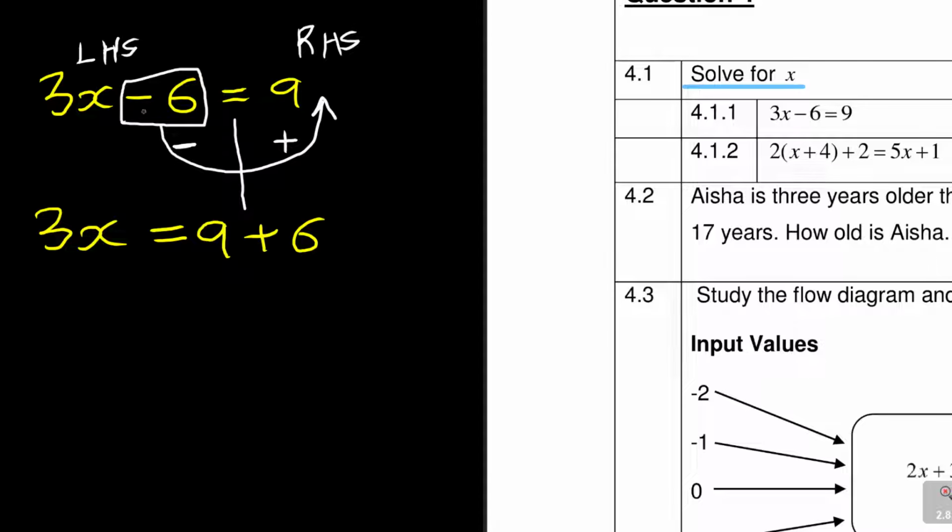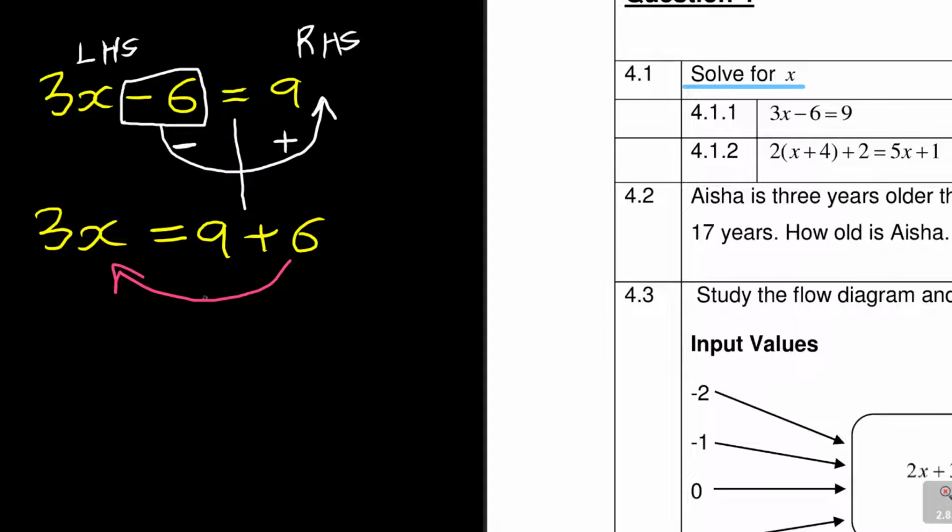Do you see that 6 can leave 3x to join 9? Why? Because there is a minus, or even if it was a plus, it was going to behave the same. So if there is a minus or a plus, the 6 is able to move, either join 9 or join 3x. You can take it back here and make 6 come backwards.